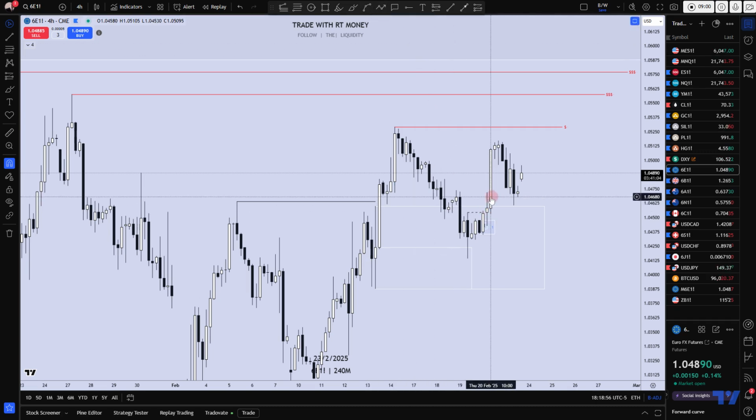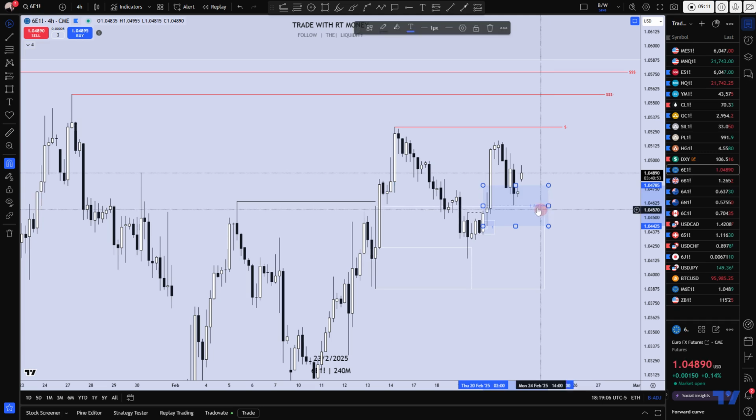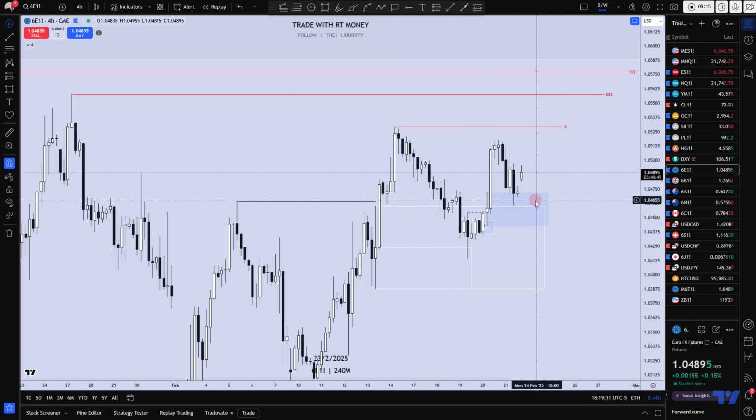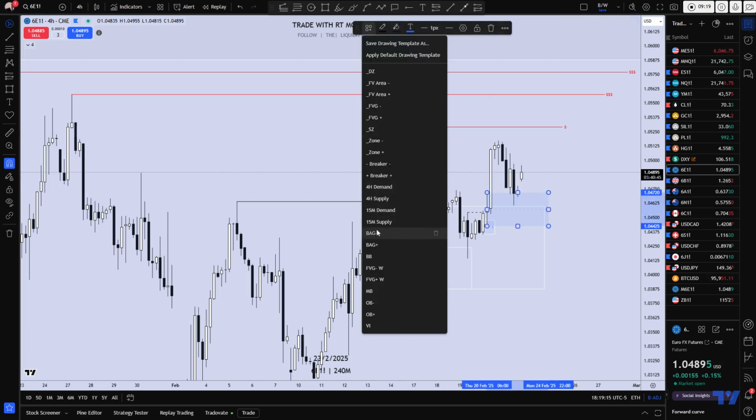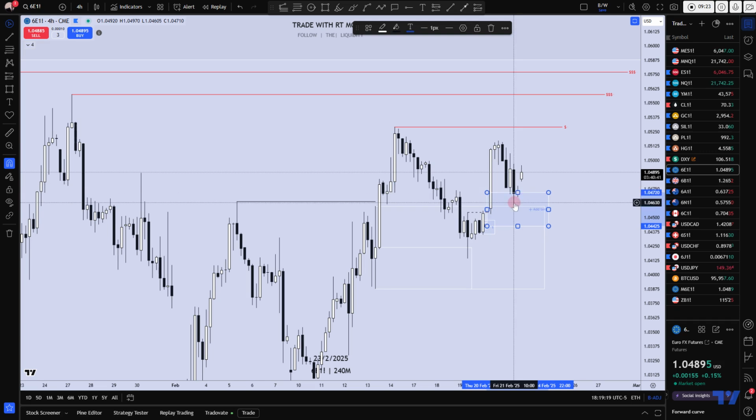But here, what I'm concentrating on is this area of demand. I'm having some glitches here. I hate doing it while I'm live. Okay, and looking at this area here as an area of demand and a demand zone, and prices come into it, and I'm looking for price to pull up out of it for higher prices.